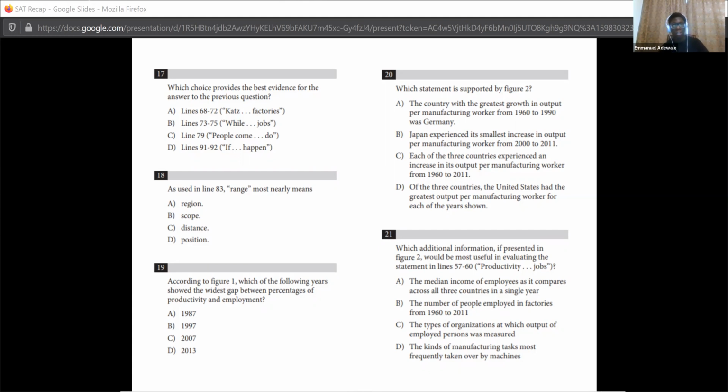It's basically asking us where the largest gap between productivity and employment is, so the year where those two items were separated the most. So please definitely look over that and feel free to drop your answer in the chat.